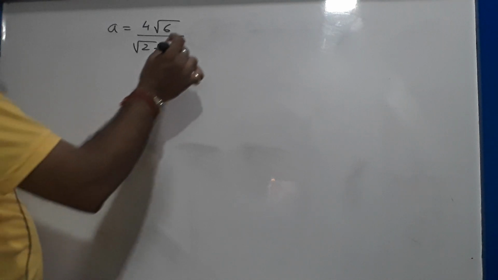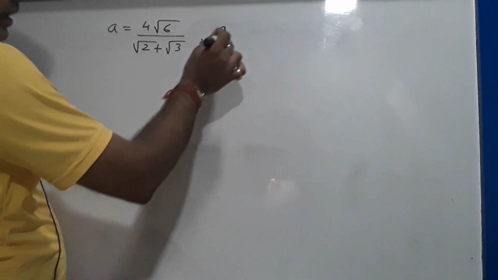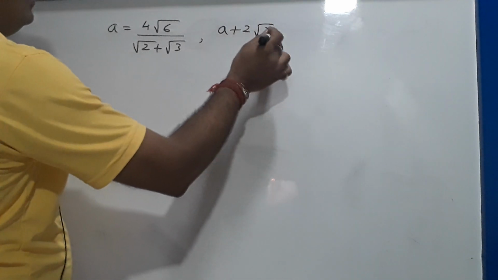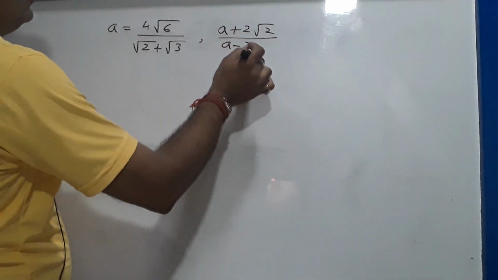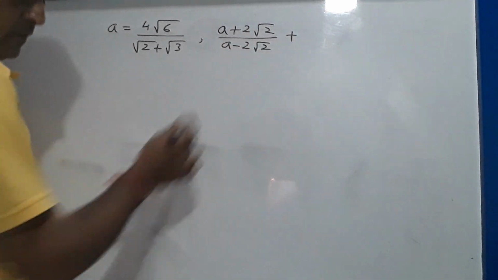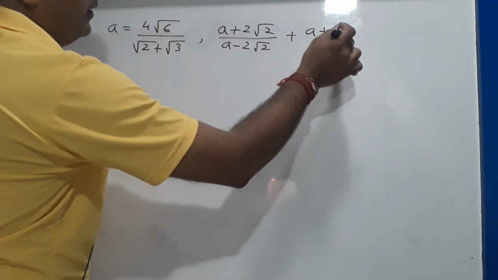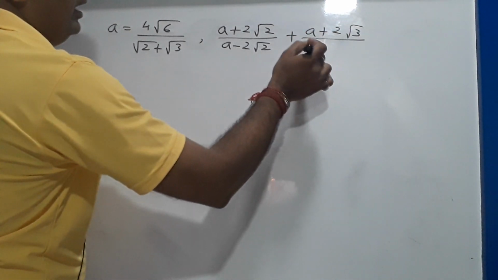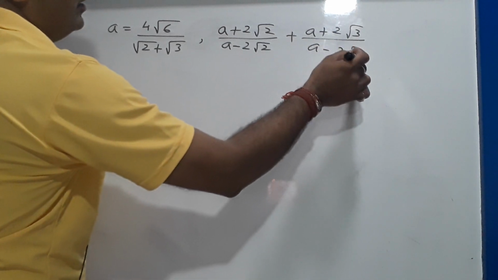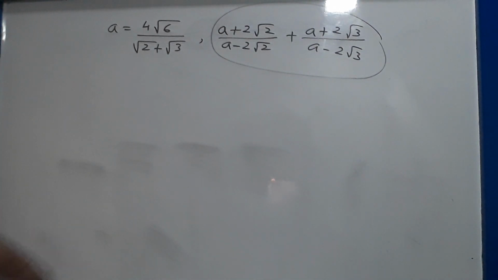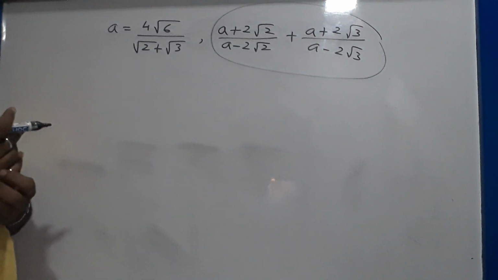A is equal to 4 root 6 upon root 2 plus root 3. Find the value of A plus 2 root 2 upon A minus 2 root 2, plus A plus 2 root 3 upon A minus 2 root 3. We want to find the value of this. Same type. Correct?